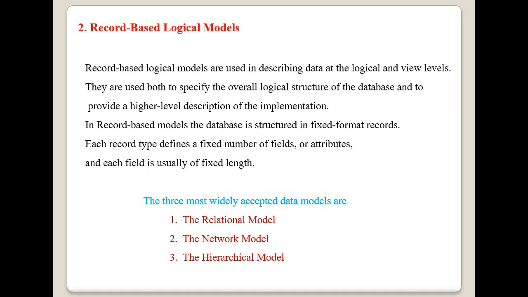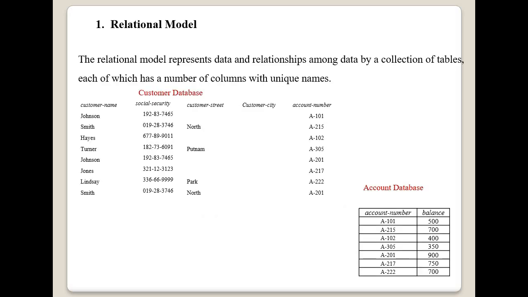Each record type has a fixed number of fields or attributes, and each field is usually of fixed length. This model is further divided into three models: the relational model, the network model, and the hierarchical model.